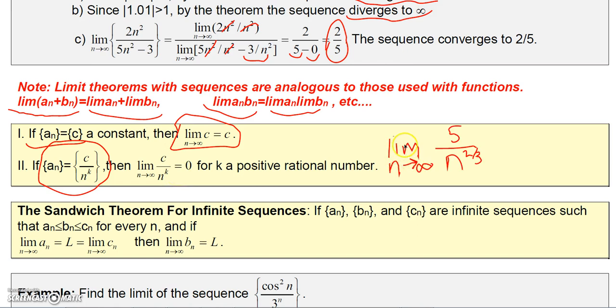So for instance, here I have the limit of 5 over n to the 2/3 power, and obviously 2/3 is a positive rational number, so the limit of that as n goes to infinity is actually going to equal 0. Okay, so I just wanted to make sure I showed you an example of that.